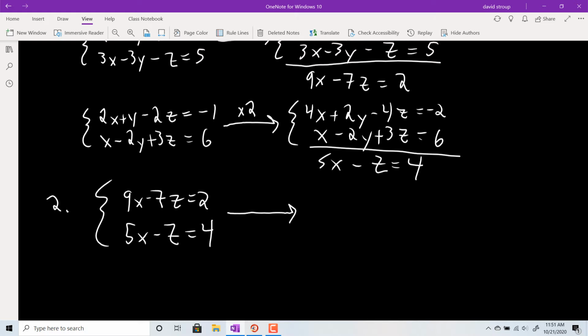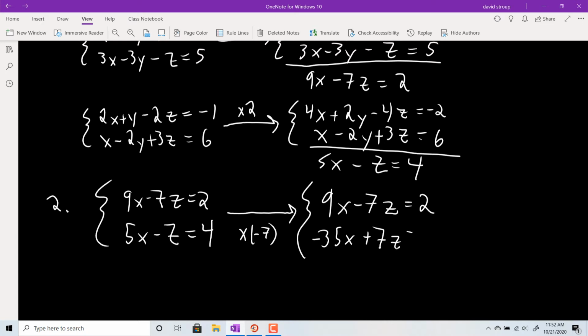I'm going to multiply the bottom one by negative 7, because I'm hoping to eliminate the z's. Negative 35x plus 7z equals negative 28. Adding to 9x minus 7z equals 2, I'll have negative 26x equals negative 26, and so x equals 1.